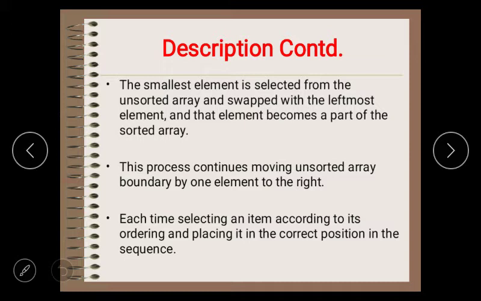This process continues, moving the unsorted array boundary by one element to the right. Each time, we select an item according to its ordering and place it in the correct position in the sequence. We will see an example, then you will be able to understand it clearly.